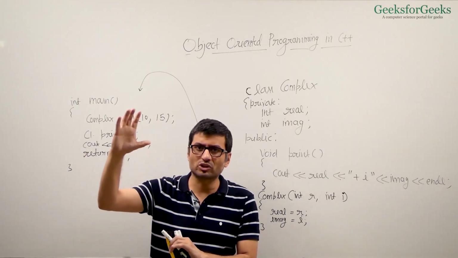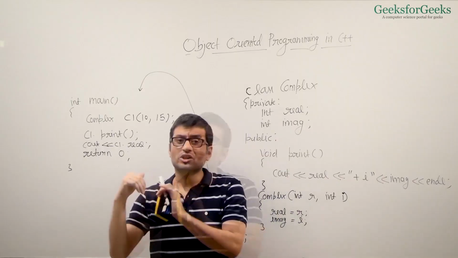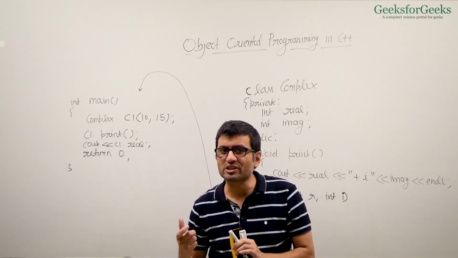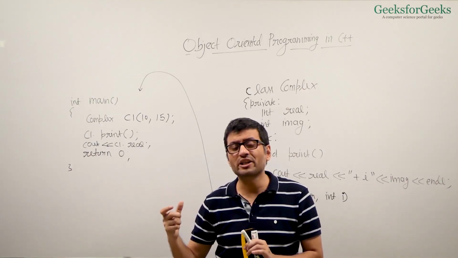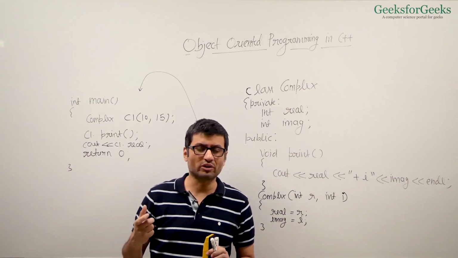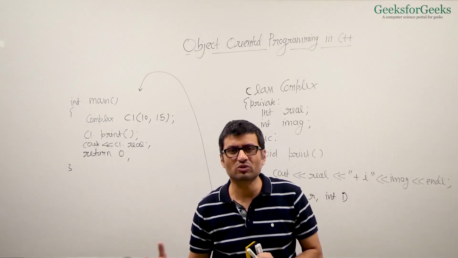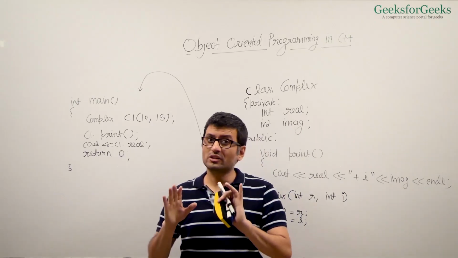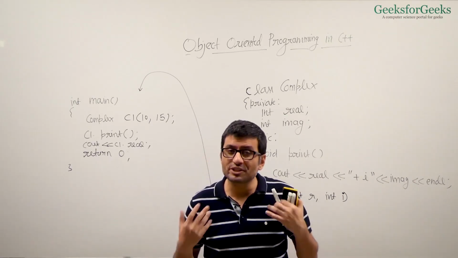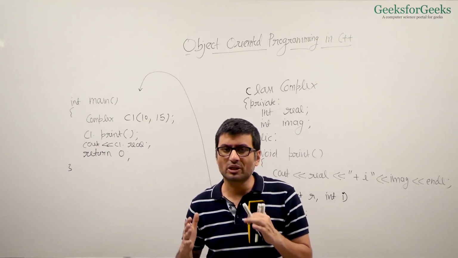Like you have a reference of shape, and this can refer to triangle, circle, or square, and you call draw. At runtime, it is decided by looking at the actual type of the object which draw function to be called. If it's being called on a triangle, then triangle draw function is called and triangle is drawn. So that's what runtime polymorphism is. And we have an interesting feature in C++ called virtual functions. We'll talk about this in the coming videos.